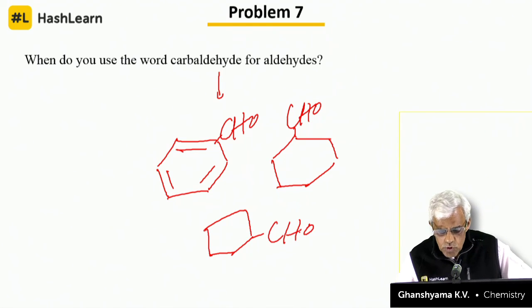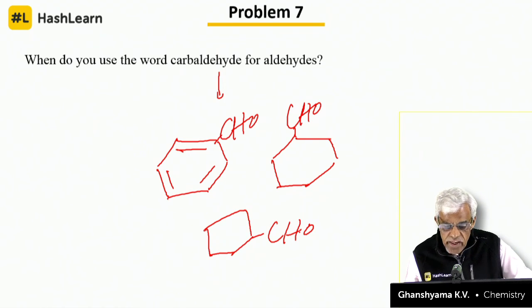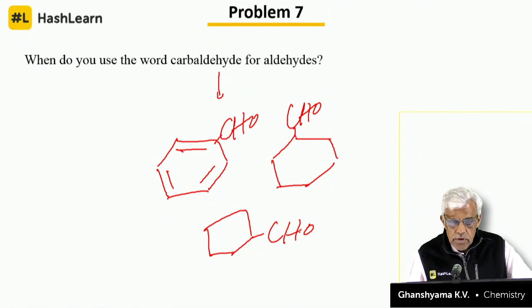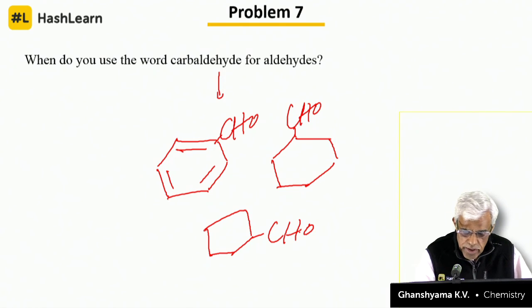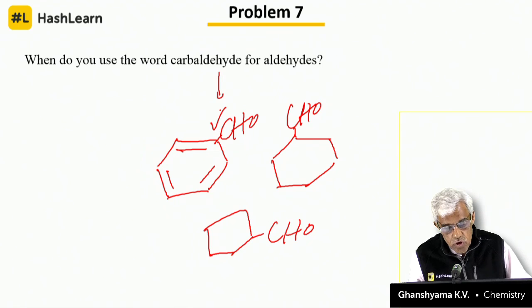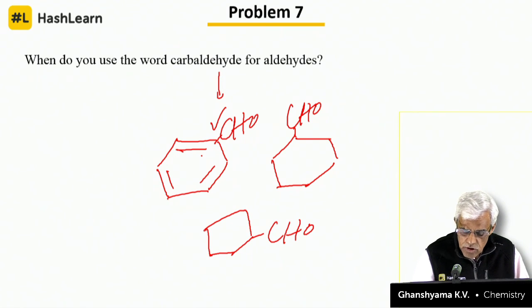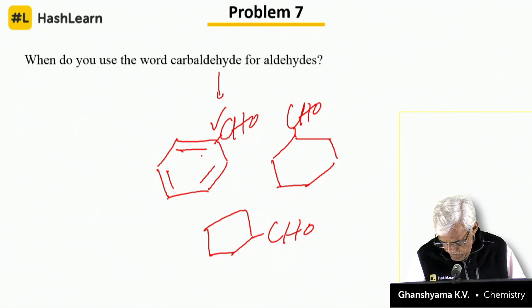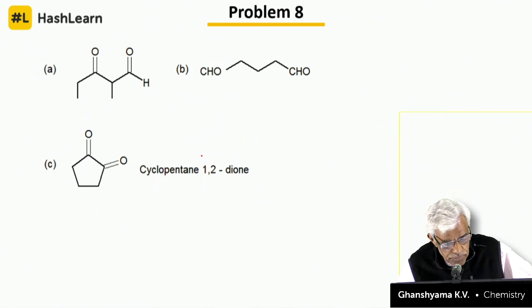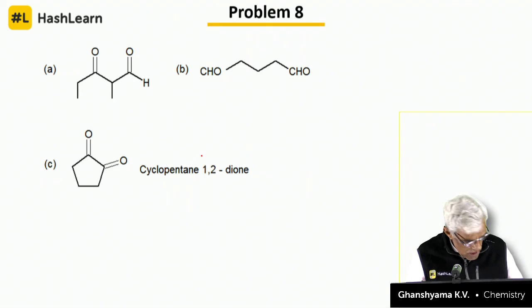So, if the CHO group is connected to a ring compound, a cyclic system, then it is called a carbaldehyde. That is why this is called benzene carbaldehyde.